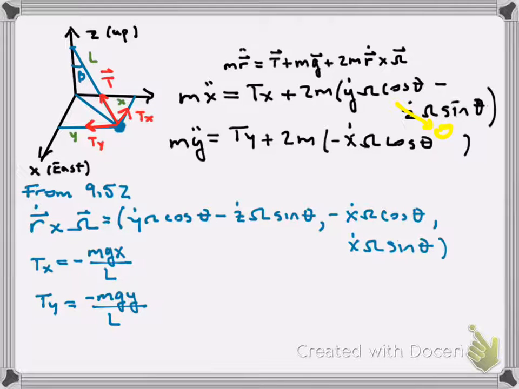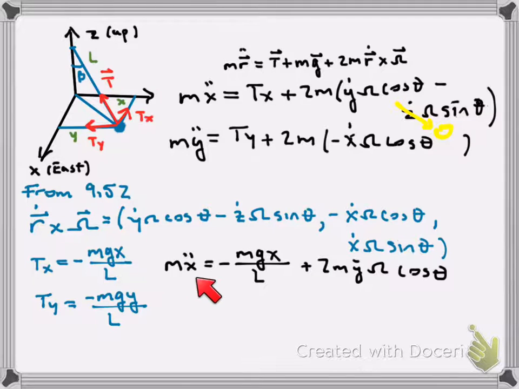And so then rewriting the x equation, we're given mx double dot. We know that Tx was minus mgx over L from this result over here. And then we write down the rest without the little term that we're counting as 0. And so we have mx double dot is minus mgx over L plus 2m y dot omega cosine theta.